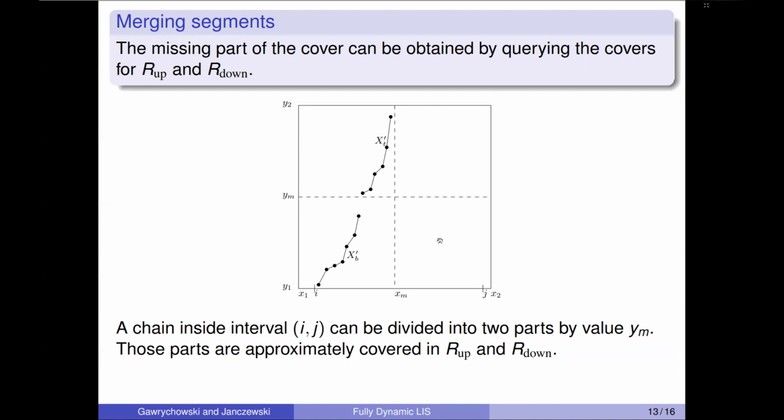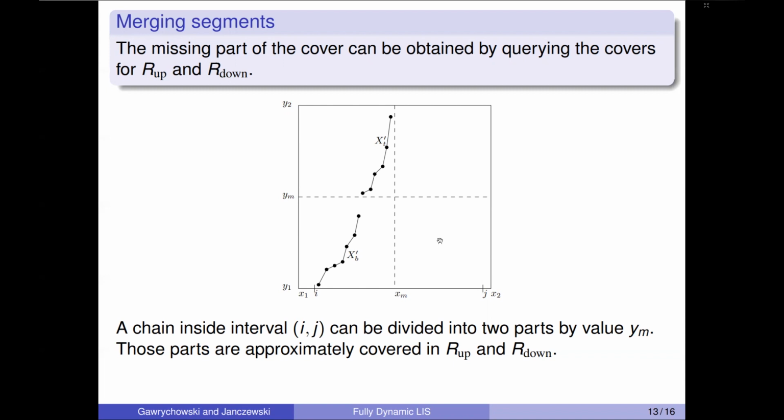And then, by definition, we are guaranteed to have some good approximation of those two parts in the covers of the lower and upper rectangles. And if we are able to somehow find those two good approximations and merge them together, then they are a good approximation of the initial chain, right?